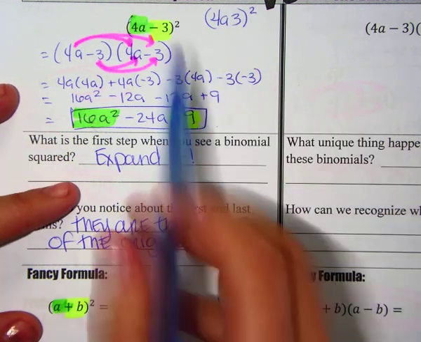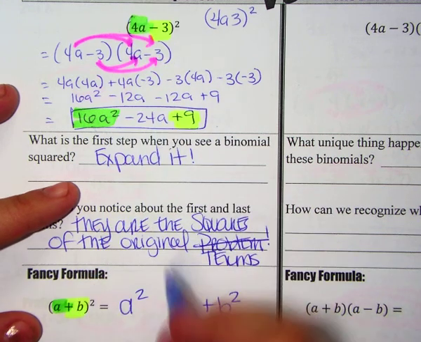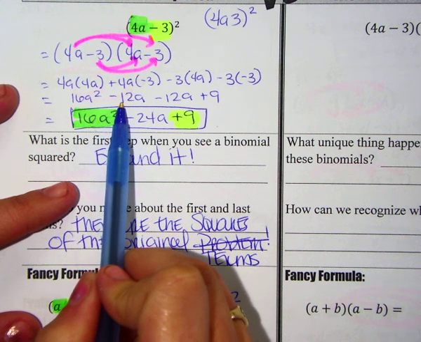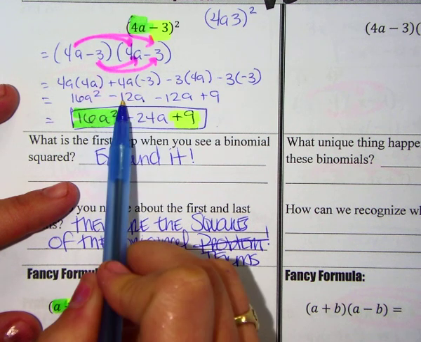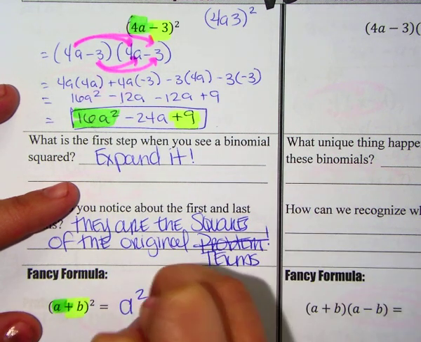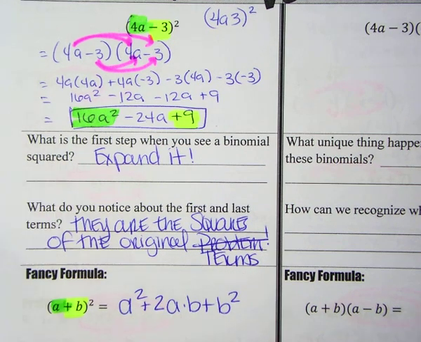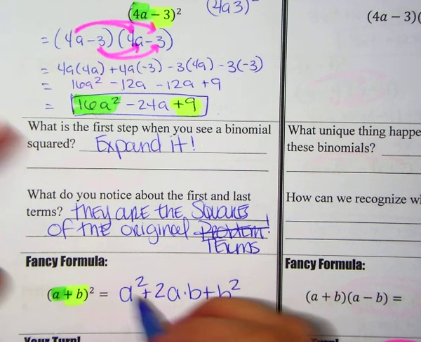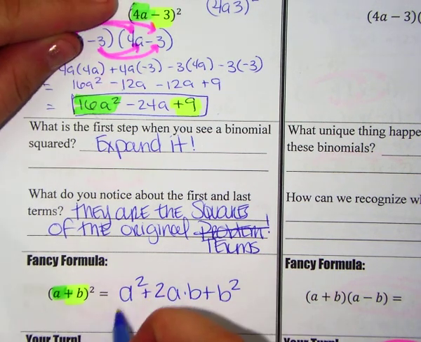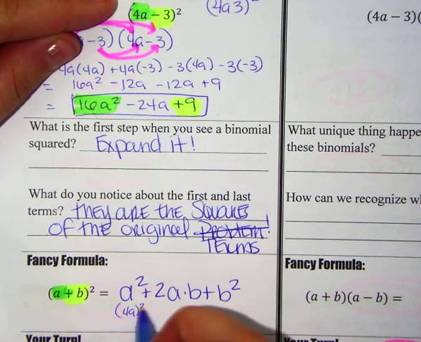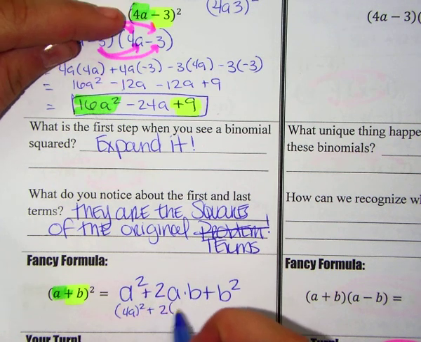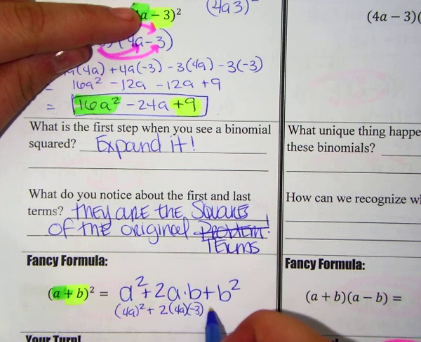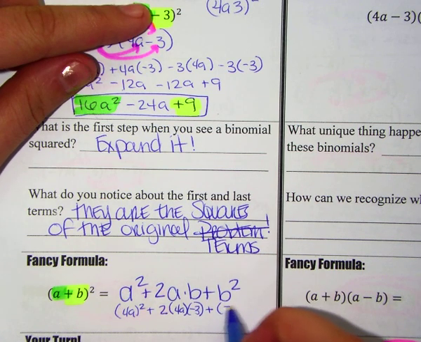So we're going to multiply a times b, which would give us negative 12. Then you multiply that times 2. So plus 2ab. Let me show you how this works. If we were to do this from the original problem, this would be 4a squared plus 2 times 4a times negative 3, plus b squared.